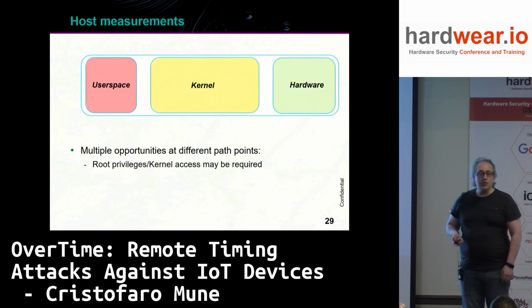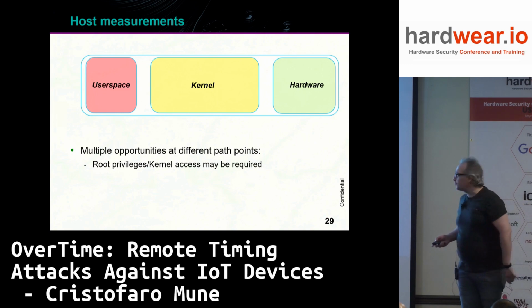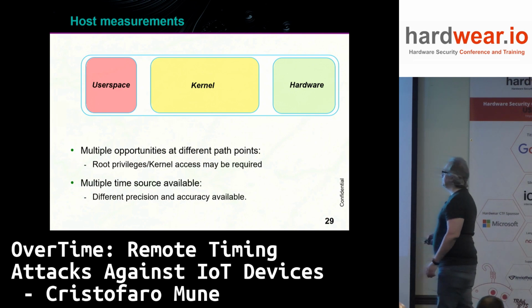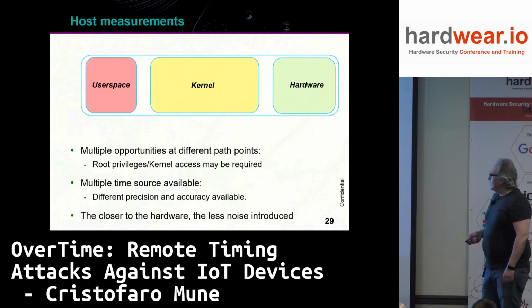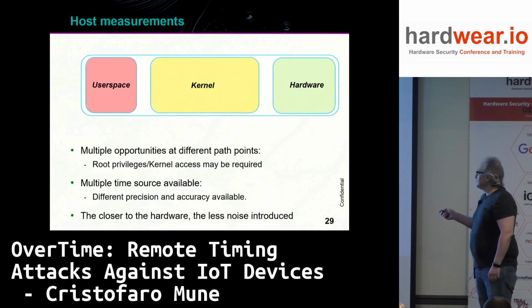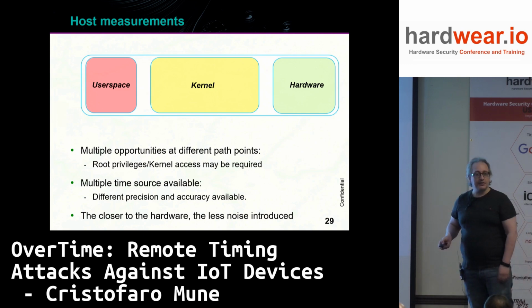So in principle, at different points in time you have different opportunities and different kinds of time sources, with different precision and accuracy, of course. The closer you are to the hardware, the less noise you have, and the more accurate you are. Of course, you might not have a hardware clock that goes at 4 GHz like your CPU.